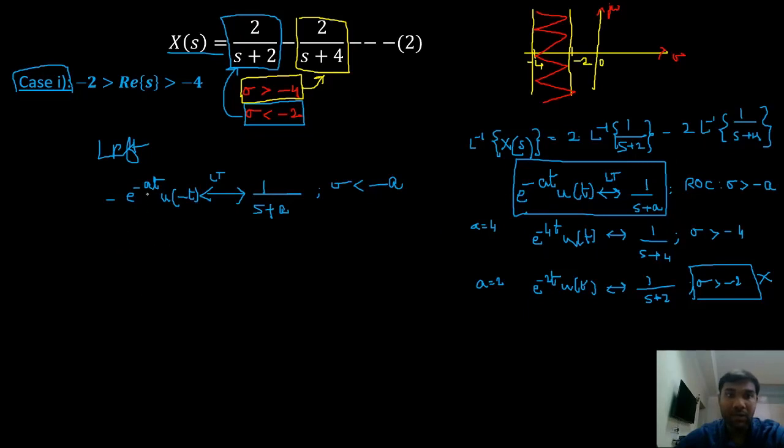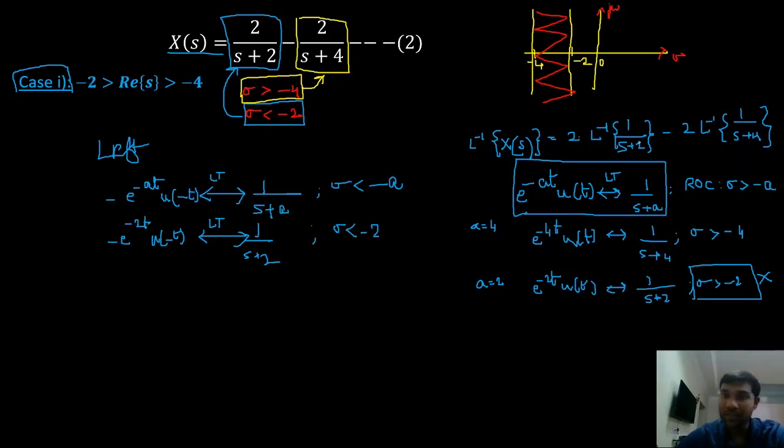So if I substitute a equals 2 here, what happens? I'll get e^(-2t) u(-t) with the Laplace transform 1 by s plus 2, and sigma is less than minus 2, right?